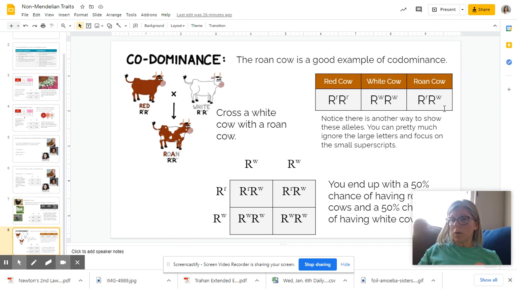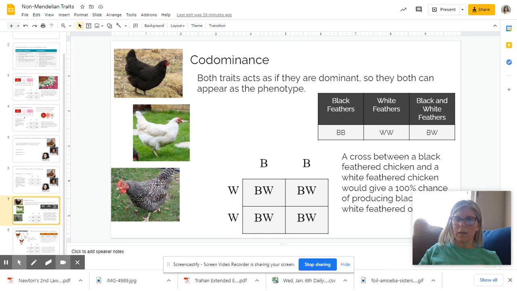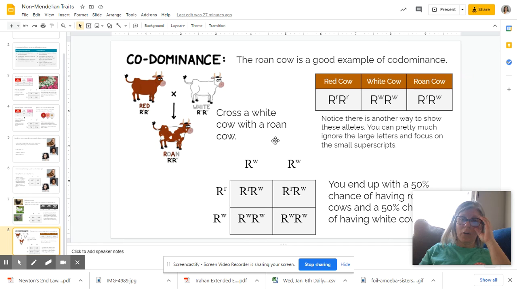If you pulled these big R's away, it would be just like what we had up here before on this slide. Imagine we had a C here to represent that we're talking about chickens. And we have a capital C and a B up at the top, a capital C and a W at the top. So it's basically the same thing. The larger letters here are just holding the place for those traits.